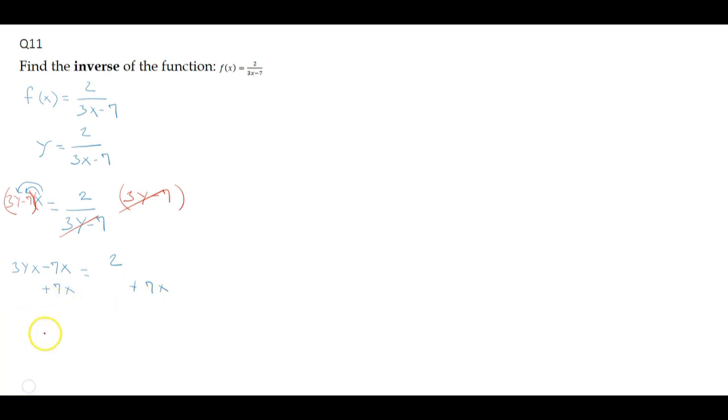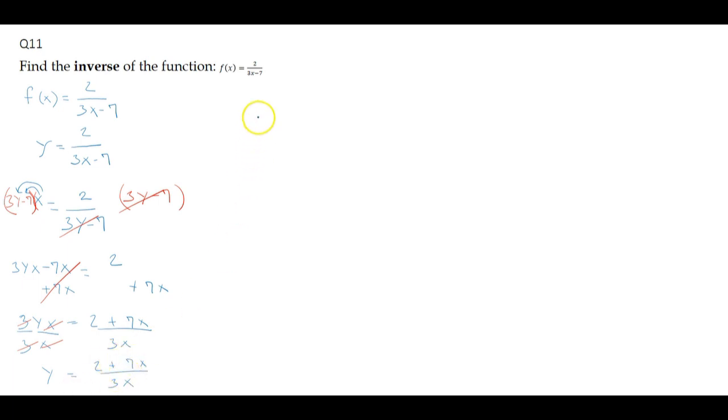So we cancel this, and now we have 3yx equals 2 plus 7x, and we're going to divide by 3x on both sides of the equal sign, and that way we cancel 3x, so we only have y equals 2 plus 7x over 3x.